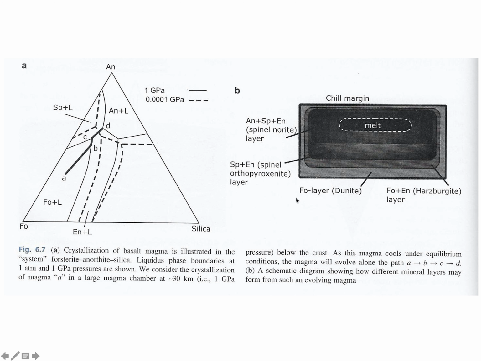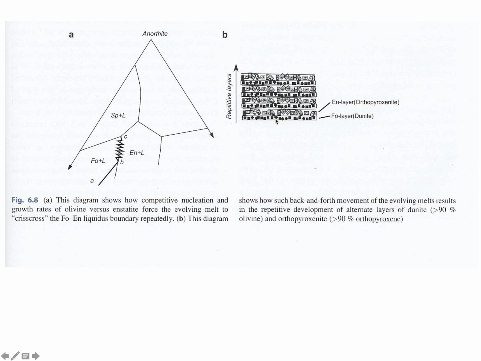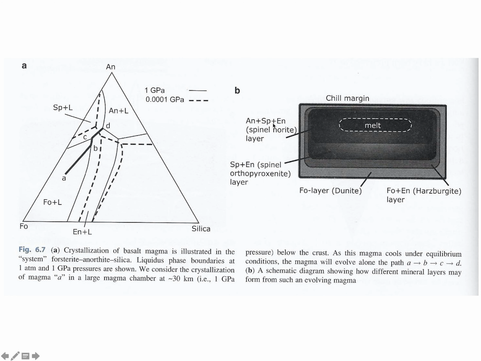And here we have now this plot. Again, here is the magma chamber, and in the contact zone to the surrounding country rocks we are forming a chill margin, as shown here. Then we are forming at first a forsterite dunite layer.